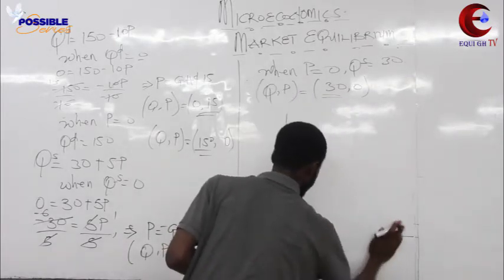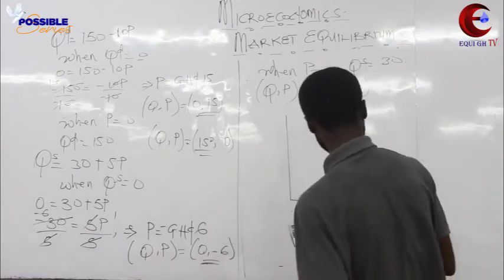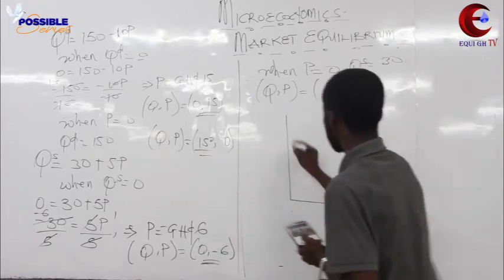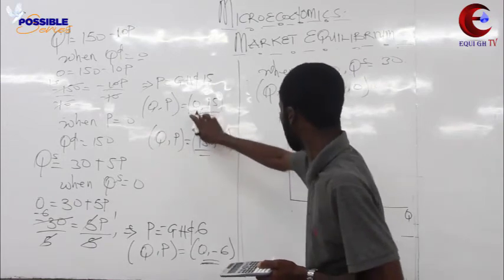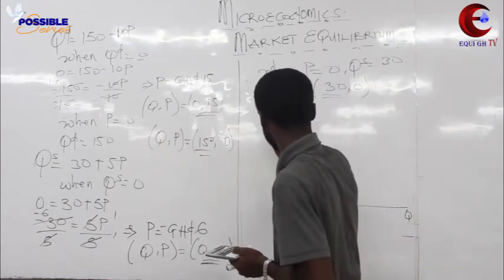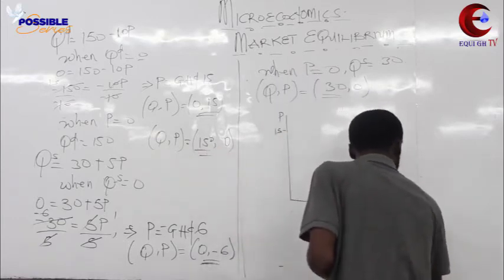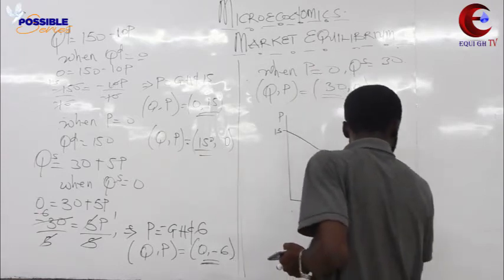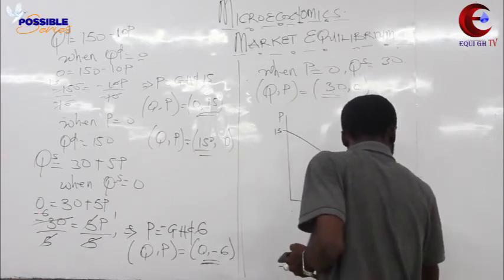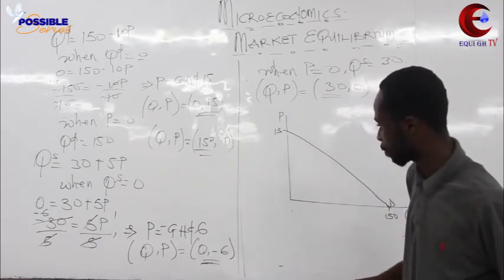We are going to represent them on a graph. Here is quantity and here is price. Let us plot the demand first. 0 is for quantity, 15 is for price. Then 150 is for quantity. So I'm done with demand. That's the demand curve. Now it's left with the supply curve.